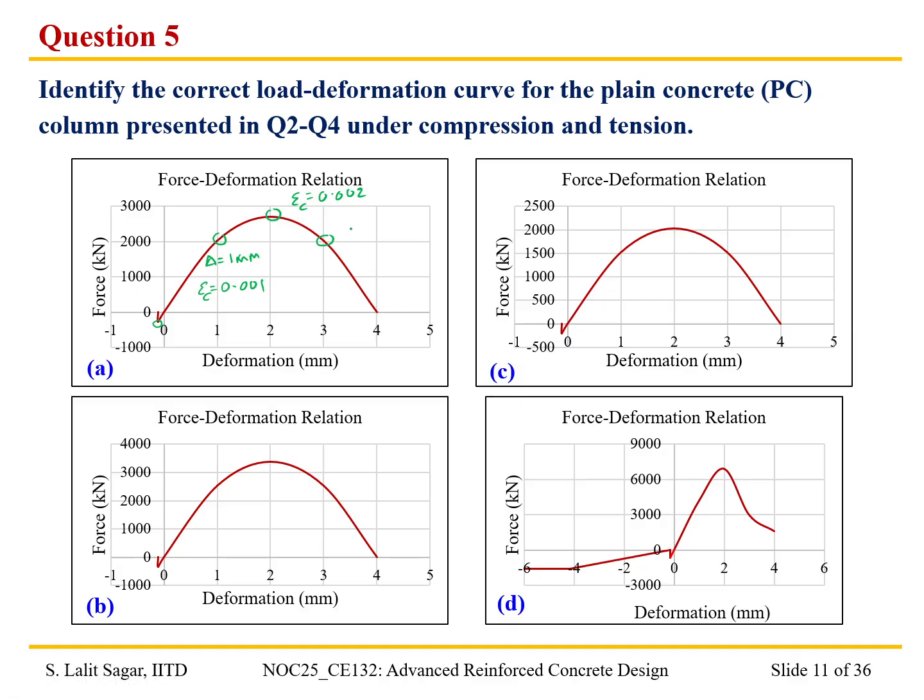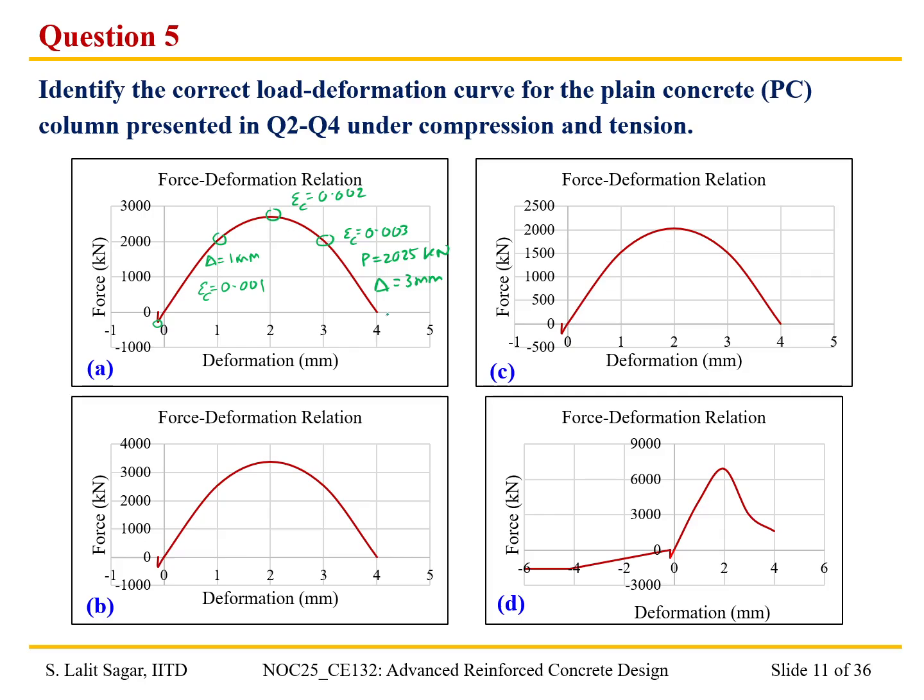And again, for epsilon C equal to 0.003, we got the value of P or F equal to 2025 kilonewton and delta equal to 3 millimeter.